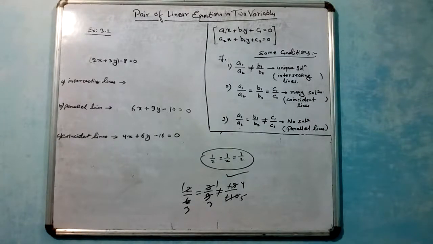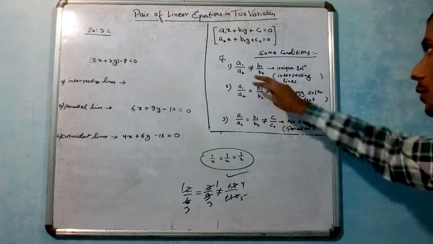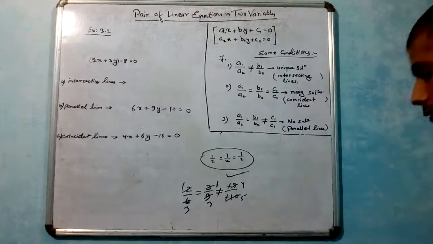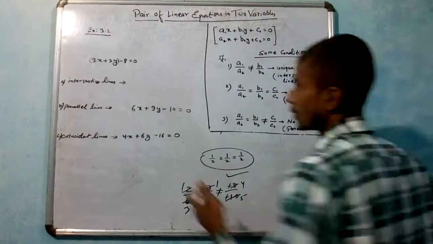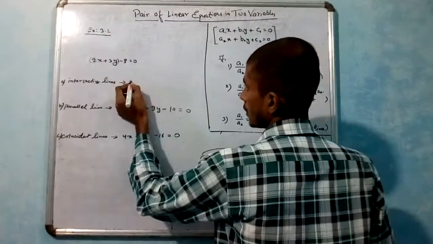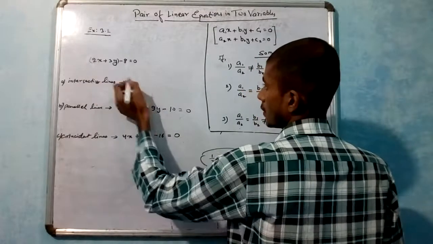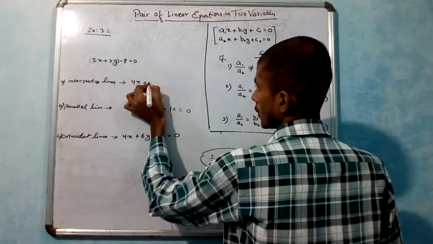Now tell me for intersecting lines, a unique solution. In this, the first two only should be different. The first two different is enough. Do not take a bigger value.